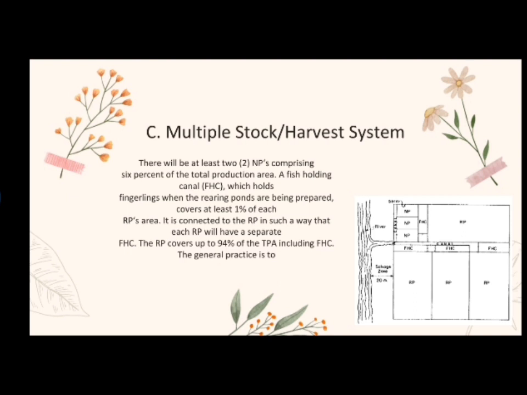The rearing pond covers up to 94% of the total production area including the fish holding kennel. The general practice is to stock at different times, different sizes, and different groups of fingerlings, and harvest the bigger ones selectively with the use of a grill net.